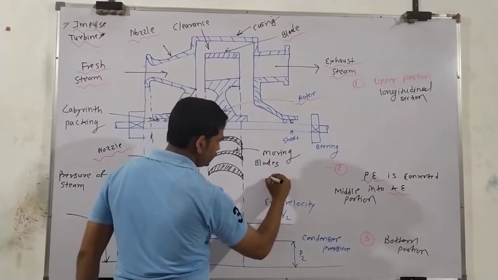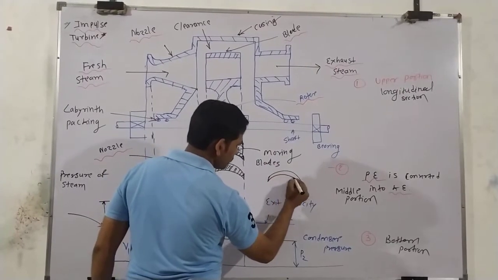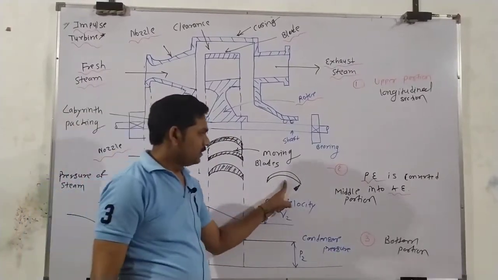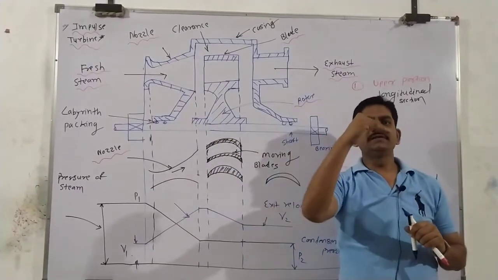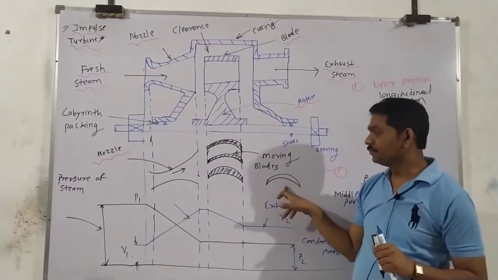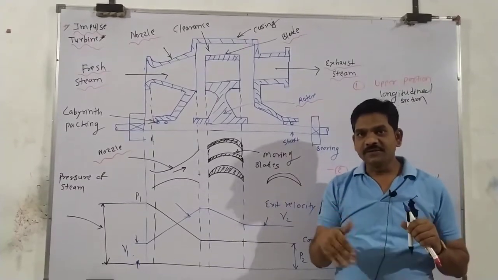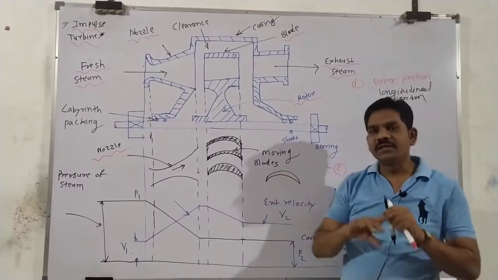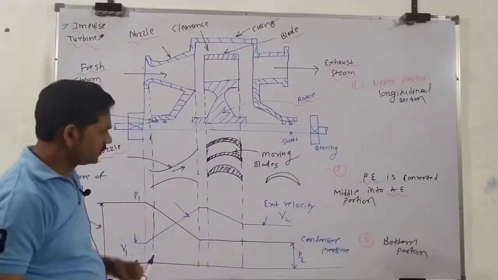The shape is like this. You should always remember the shape of the blades during study. These are moving blades, not fixed blades. The fixed blade design we will discuss in further topics. So this is the design of the moving blades, our middle portion.